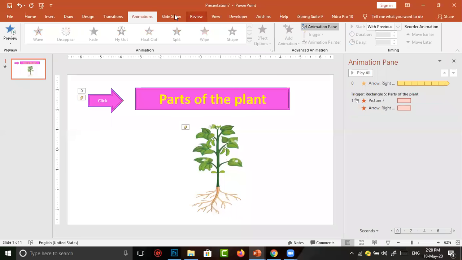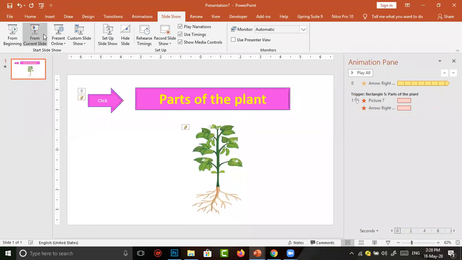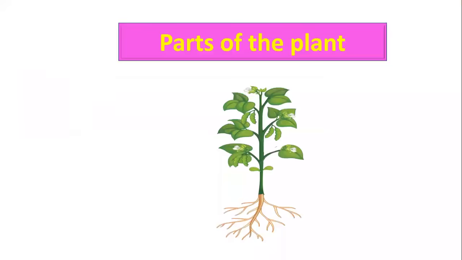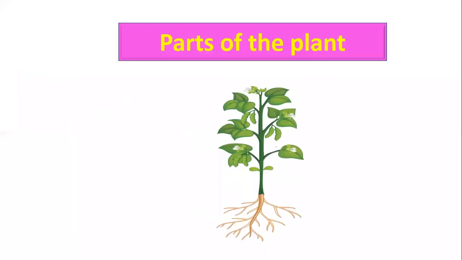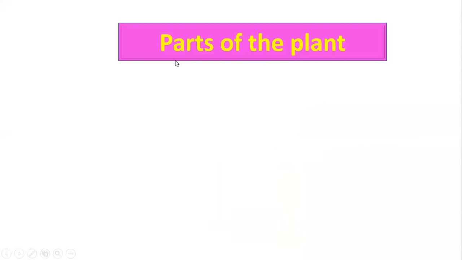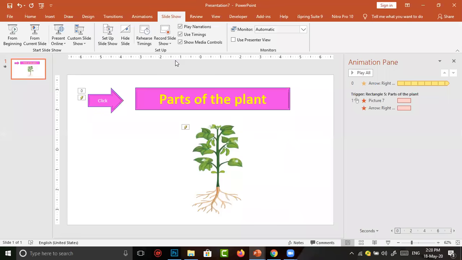Now I'm going to see what happens. After clicking on parts of the plant, both the arrow mark and the plant are disappearing. That's all.